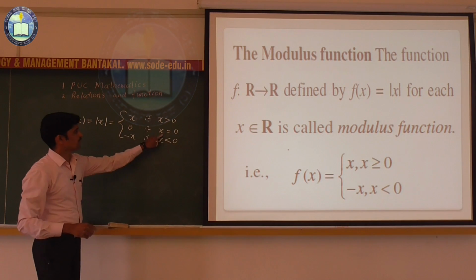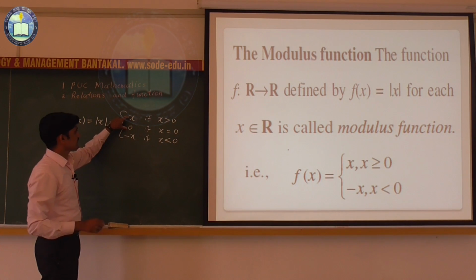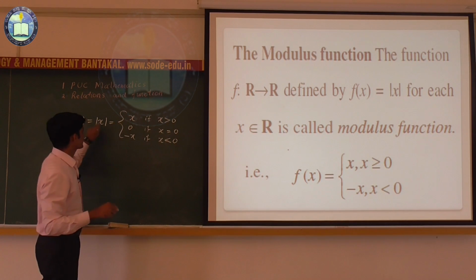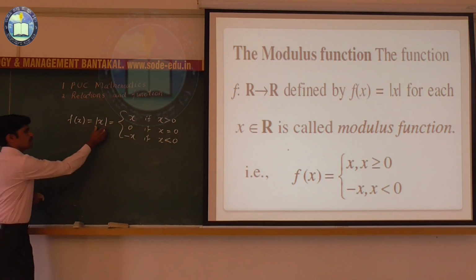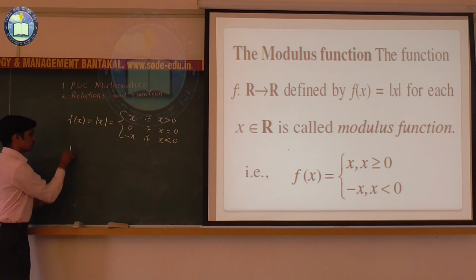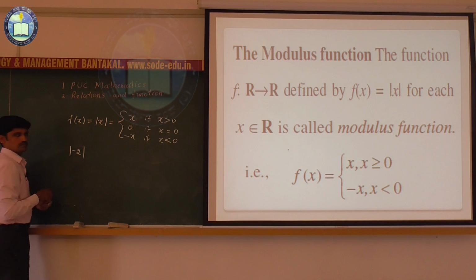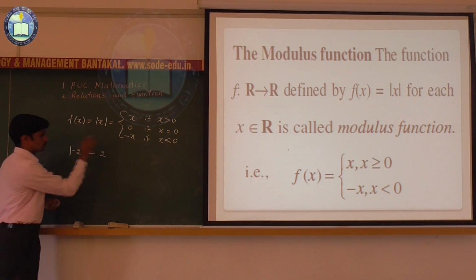Or combining these two conditions, x greater than or equal to 0, the value of mod x is x, because when x equal to 0, modulus of 0 is 0 only. So mod of a function always gives a non-negative value. That is, if mod of minus 2 is to be calculated, modulus of minus 2 is equal to 2.